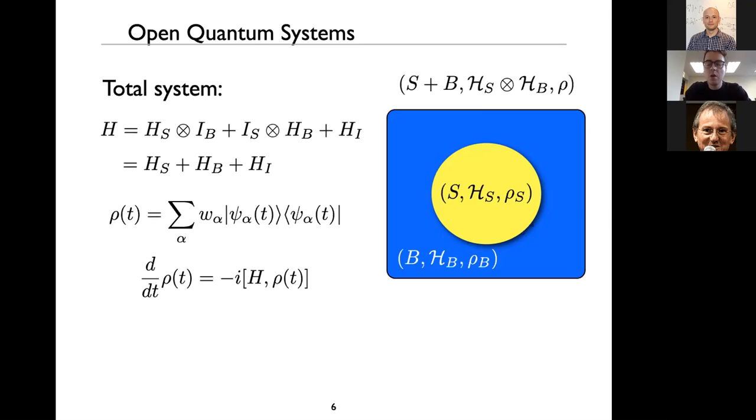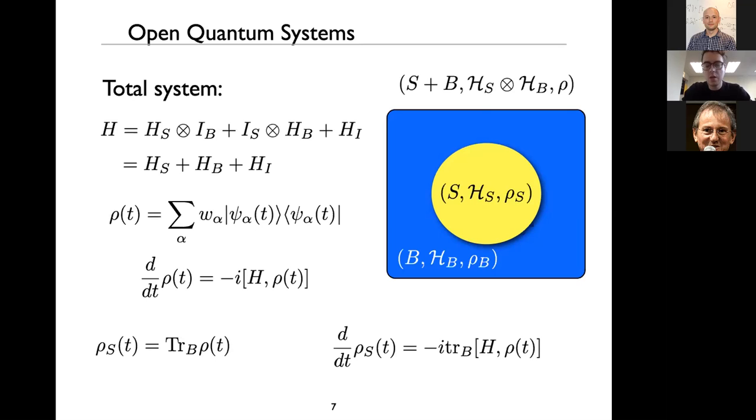Because what we want to model is the dynamics of our reduced system S, we can take the partial trace over both sides of this dynamical equation. We can then set up an equation of motion for just the reduced density operator of our open system rho S, using the partial trace operation that I described above.